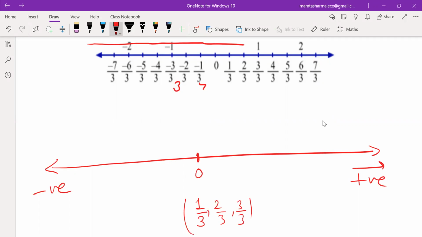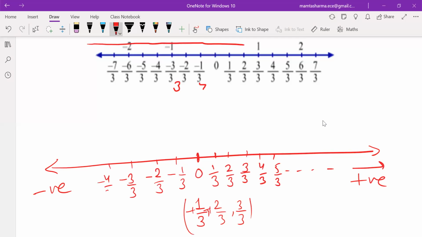All these are positive numbers, so we start from here: 1 by 3, 2 by 3, 3 by 3, 4 by 3, 5 by 3, and so on. Negative numbers we represent in the same way on the left hand side: minus 1 by 3, minus 2 by 3, minus 3 by 3, minus 4 by 3, minus 5 by 3. These are the rational numbers represented on a number line.